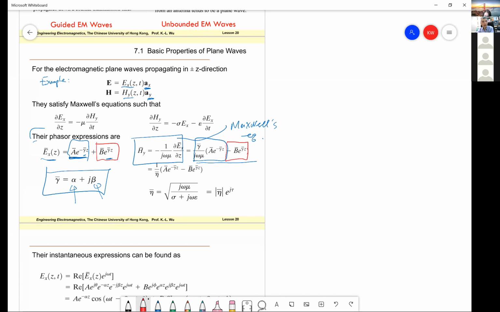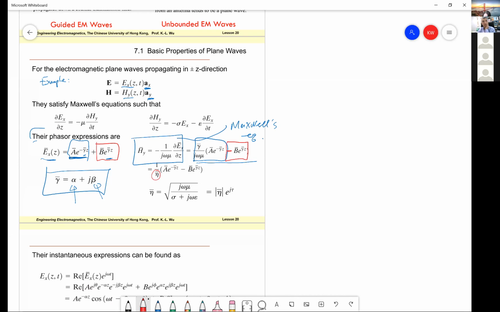But for the magnetic field propagating in the minus direction, we have a minus sign here. But the ratio, either for the positive z direction or the negative z direction, is the same, which is the wave impedance.